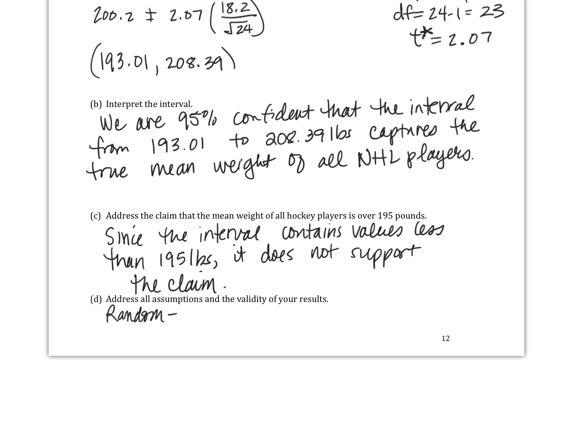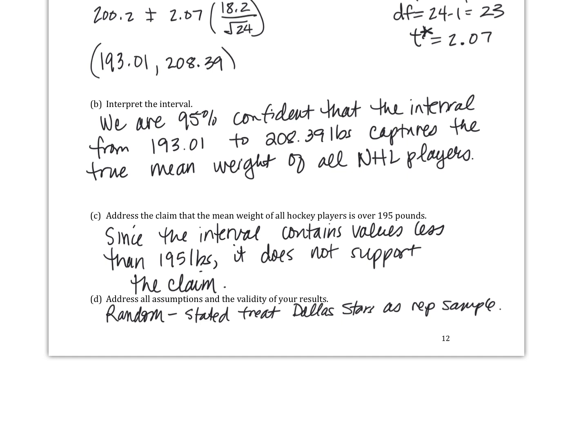It said to treat the Dallas Stars as a representative sample, right? Okay, stated. That's what I would say there. Representative sample would mean a random sample. Treat the Dallas Stars as a representative sample.